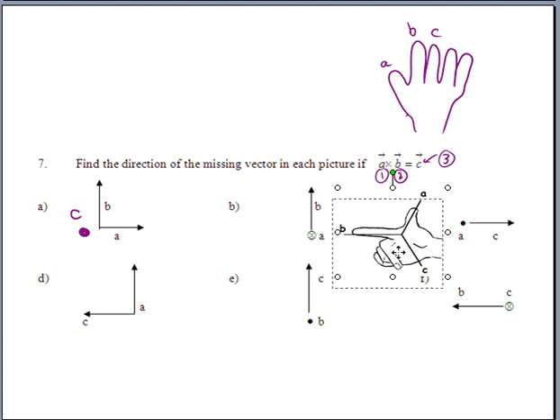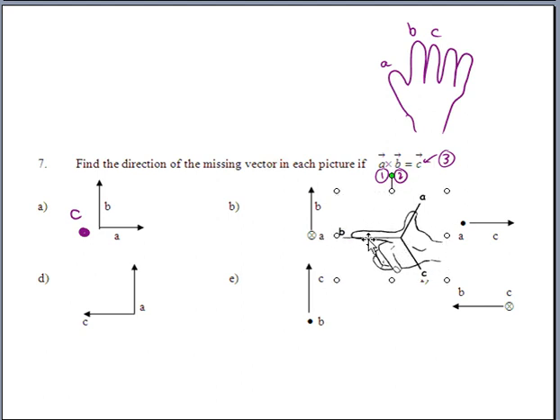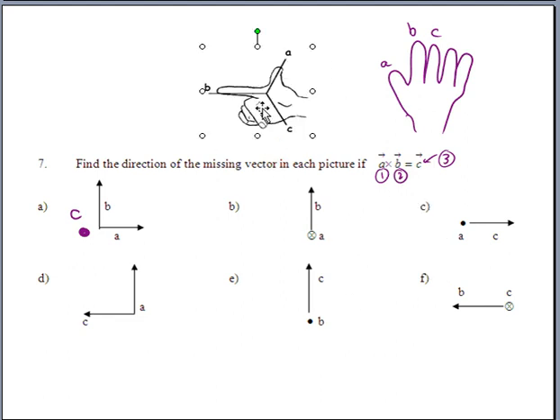So stick your thumb into your notebook while your pointing finger points up to the sky. Right? You've got to roll your hand around in 3 dimensions to get that to happen. And while your thumb points into the page, while your pointing finger points to the top of the page, you're going to see that your middle finger actually points this way.